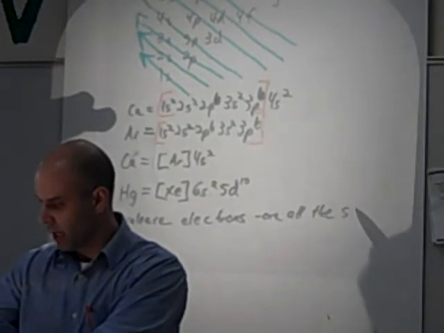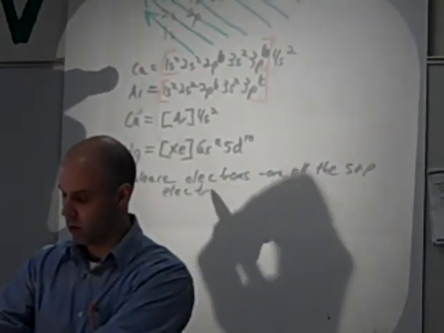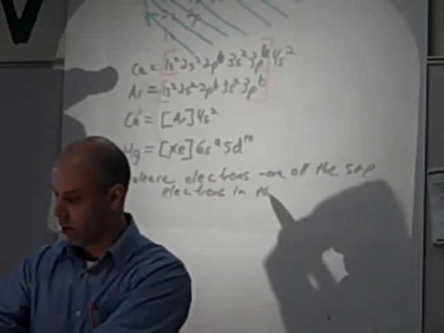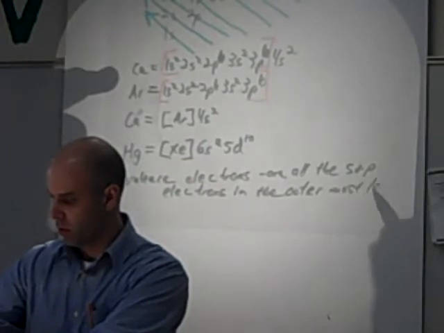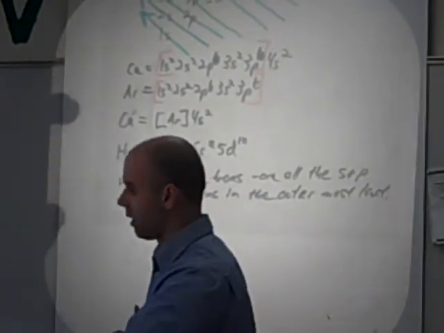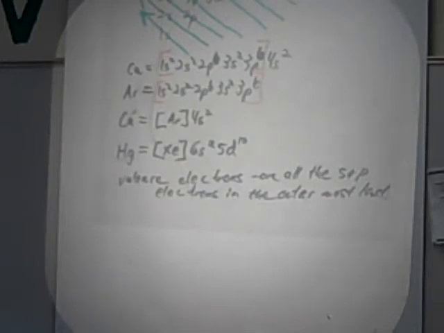Valence electrons are all the S and P electrons in the outermost level. And then the core electrons are all the rest.